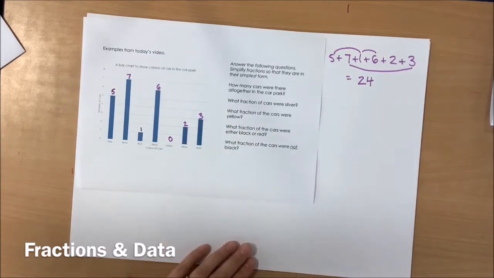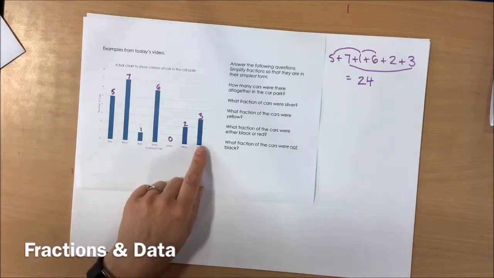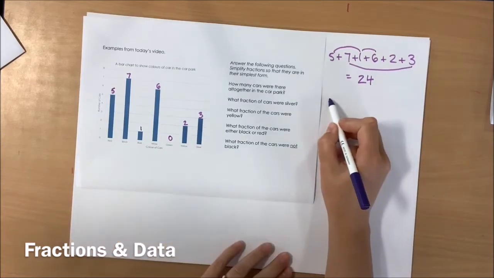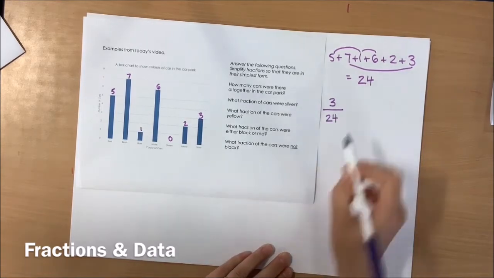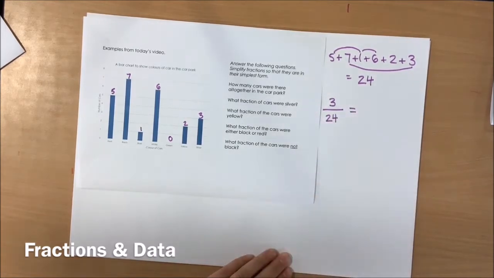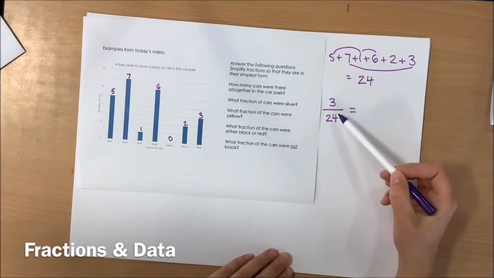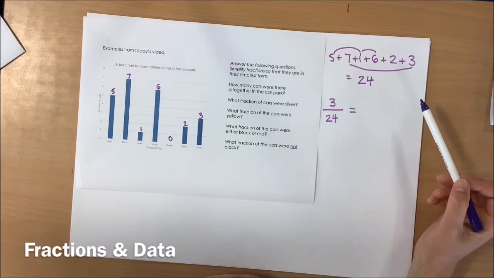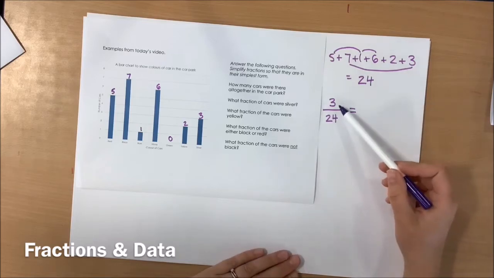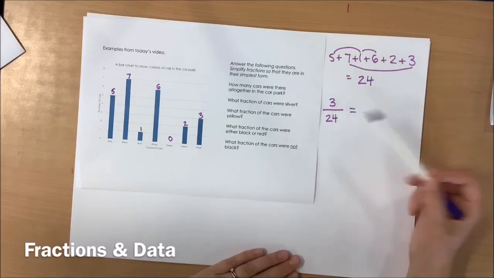What fraction of cars were silver? Okay, there are 3 silver cars. So it's 3 silver cars out of 24 cars altogether. And to put that in simplest form, we need to find a common factor of 3 and 24. Now again, if you're not sure of this, do go back and watch the videos from previous weeks. I know that 3 is a factor of 3 and 24.